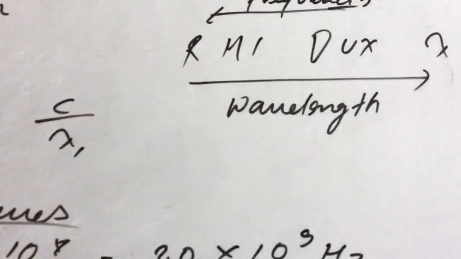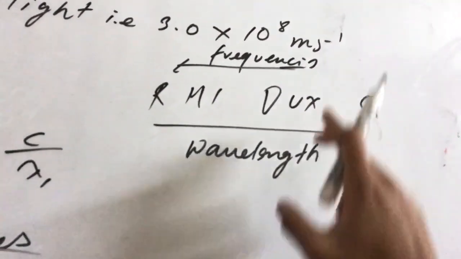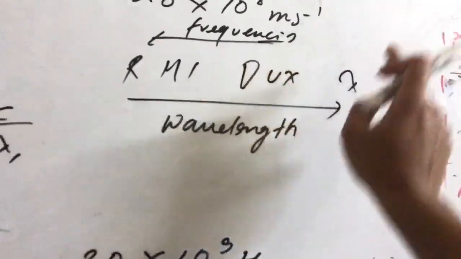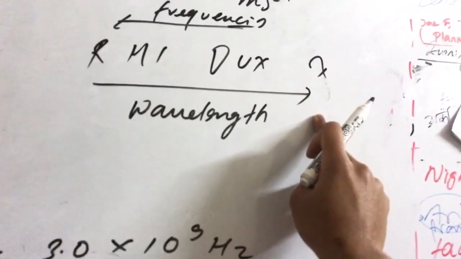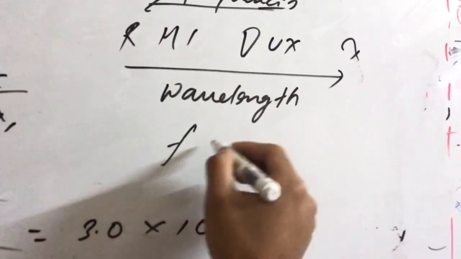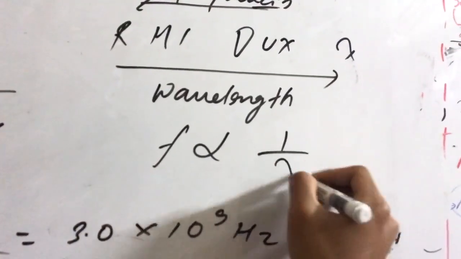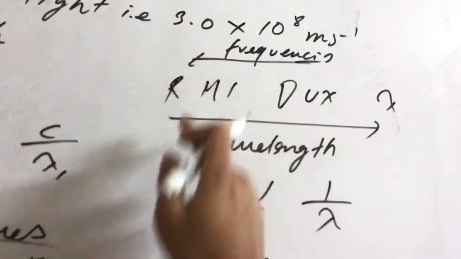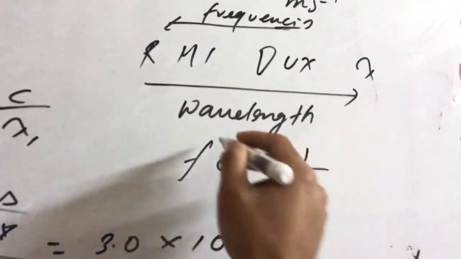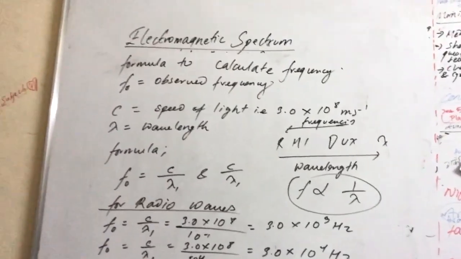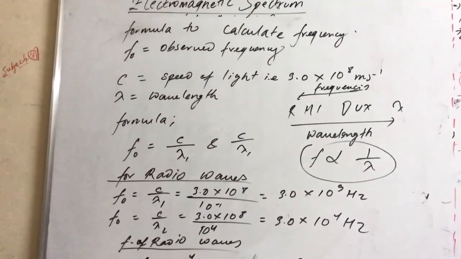The lower the frequency, the higher the wavelength, and the higher the frequency, the lower the wavelength. It means frequency is inversely proportional to wavelength. When the frequency increases, the wavelength decreases. So this is for the electromagnetic spectrum.